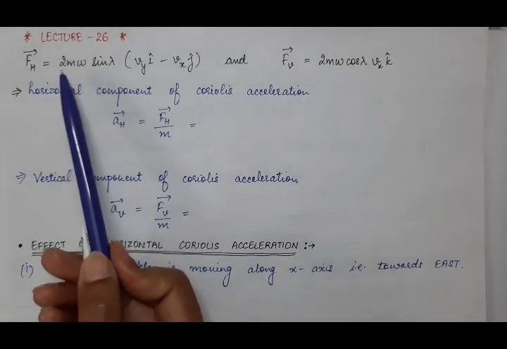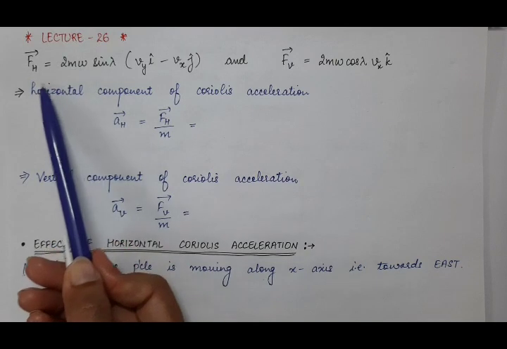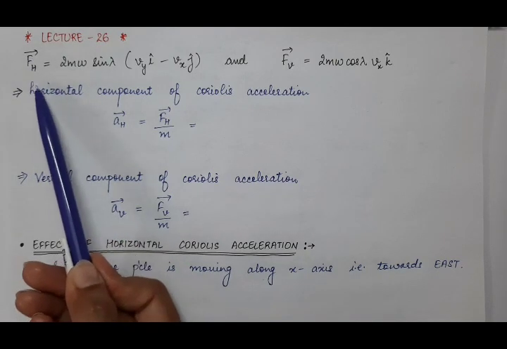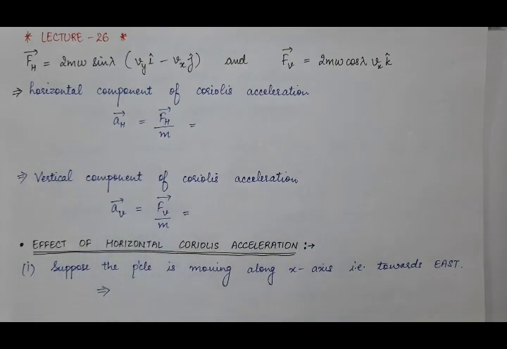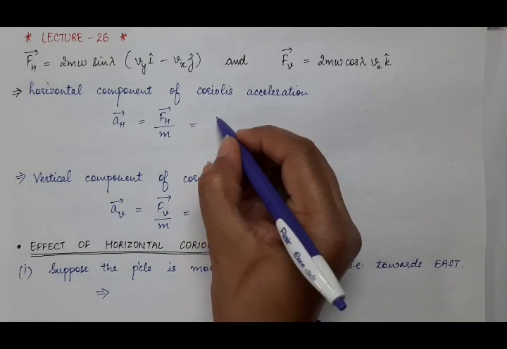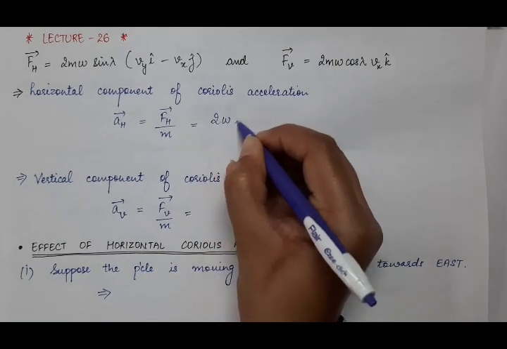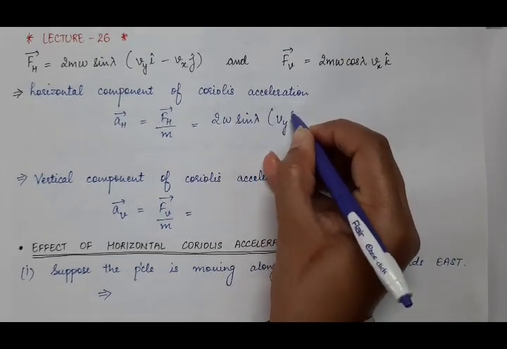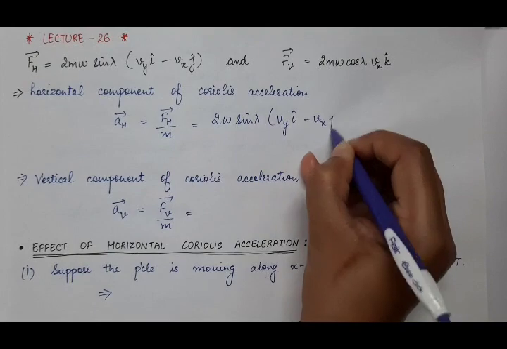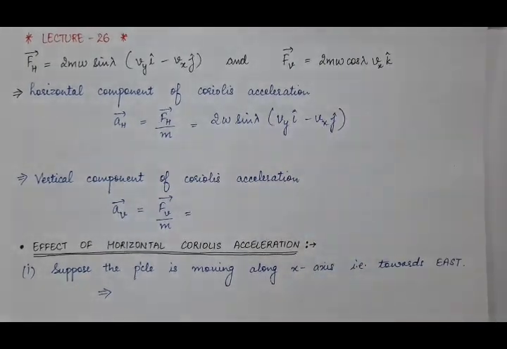Moving m to this side, you get Fh by m, which gives the horizontal component of Coriolis acceleration, equal to 2 omega sine lambda (Vy i cap minus Vx j cap). This is the expression for the horizontal component of Coriolis acceleration.